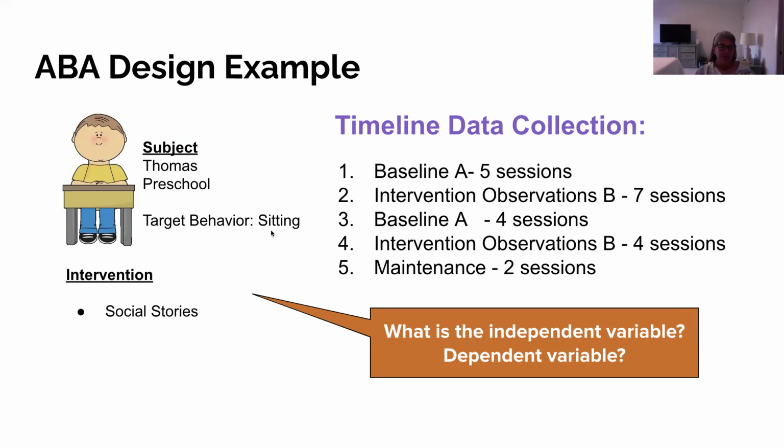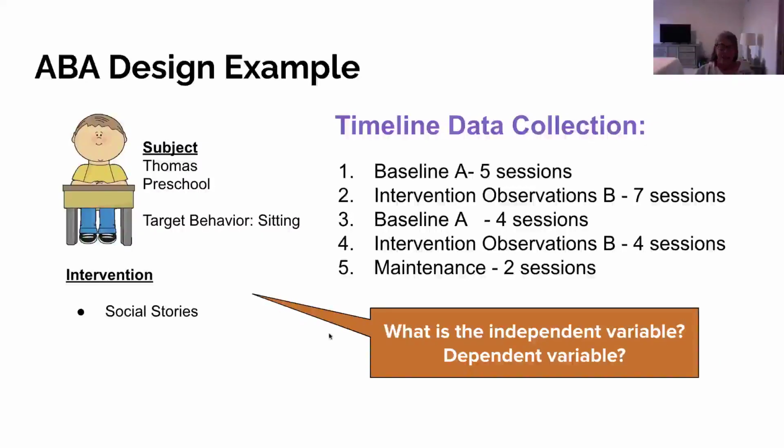So the target behavior for Thomas is that he's going to sit because he's having trouble sitting in preschool. And the intervention is social stories, where he's going to be told stories about children who need to sit and doing sitting. And it's a story, but he's learning about the target behavior in these stories.